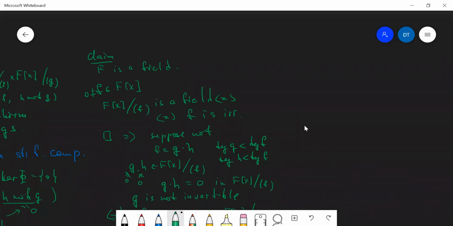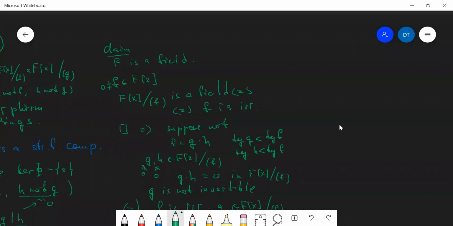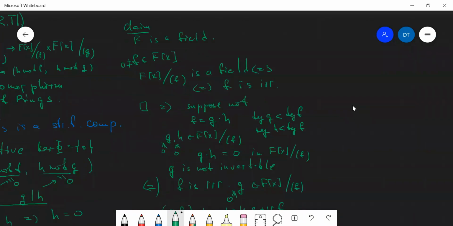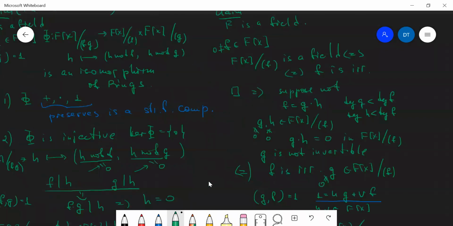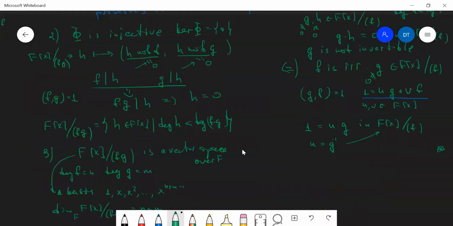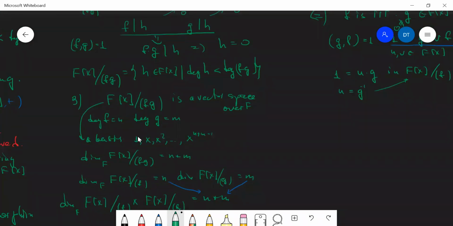I suppose there is a mistake with the basis. When you define the basis for polynomials, you said that the maximum degree is n plus m minus 1, but it should be n plus m. Because if n is equal to 0, m. No, the degree starts from 0. Well, I'm saying that if n is equal to 0 and m is equal to 0.